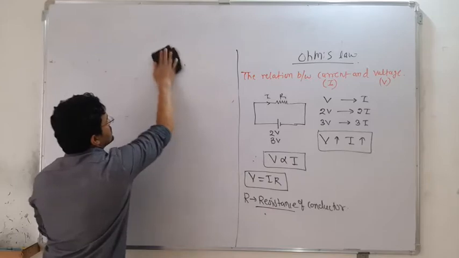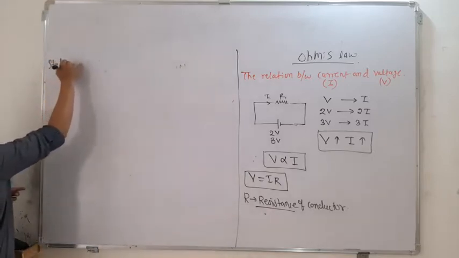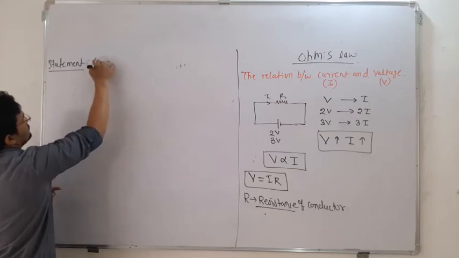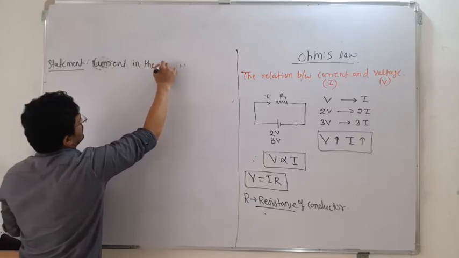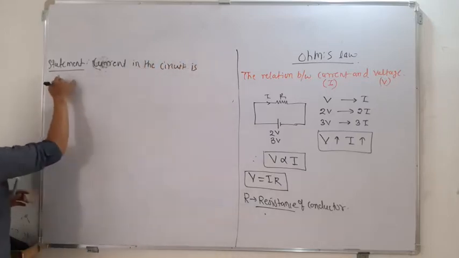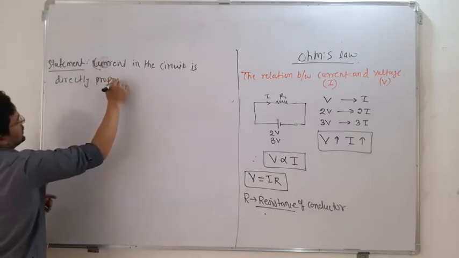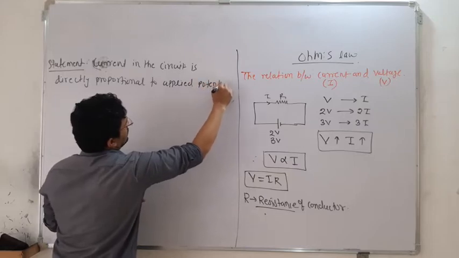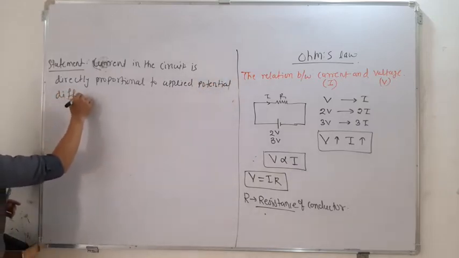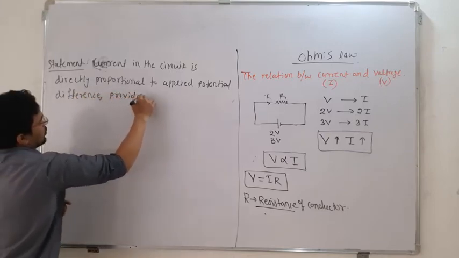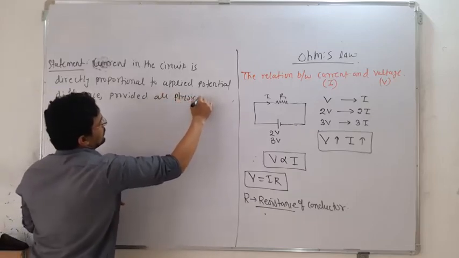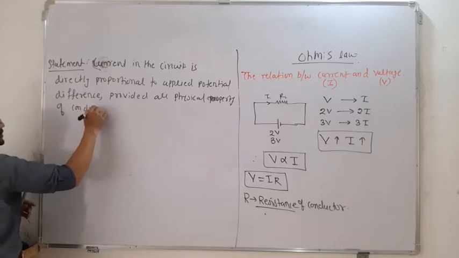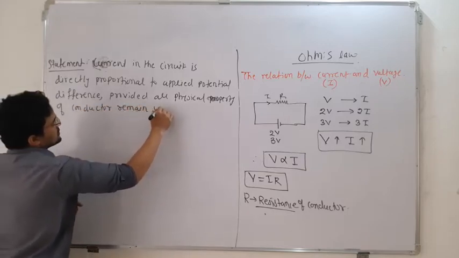It may be asked for 2 marks: state and explain Ohm's law. The statement is: the current in the circuit is directly proportional to the applied potential difference, that means V, provided all physical properties of the conductor remain the same.